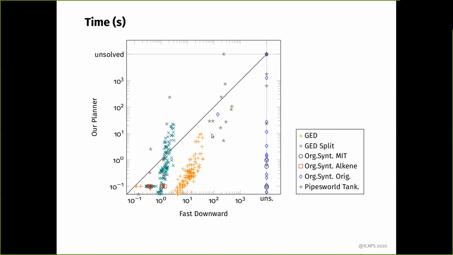And in fact, as the instances get harder and harder, Fast Downward is already faster than our planner, essentially because the search component of Fast Downward is faster than our search component, because we still need to perform these joins for each action schema in each state, while Fast Downward amortizes that with the grounding. So as the search gets harder, our planner does not pay off anymore, but for these hard-to-ground but easy-to-search domains, our planner pays off.